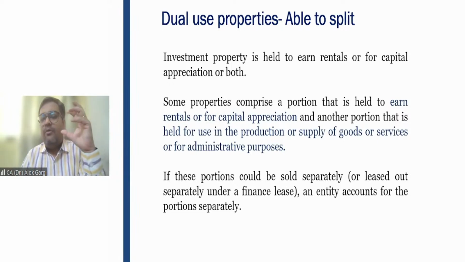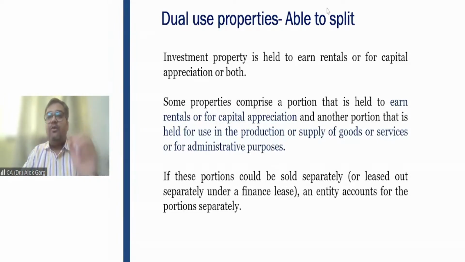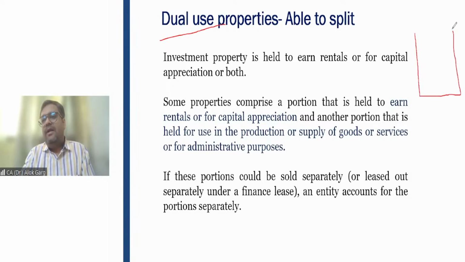Friends, if I talk about this dual use, let's say the company has constructed a building or purchased a building, right? In the building, there are 3 floors: floor number 1, floor number 2, floor number 3.